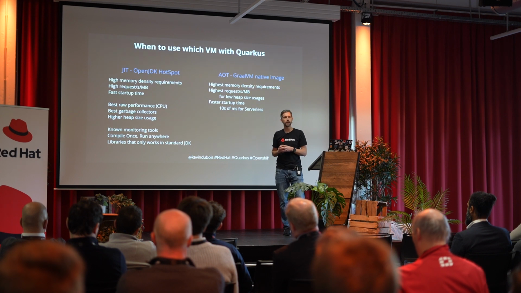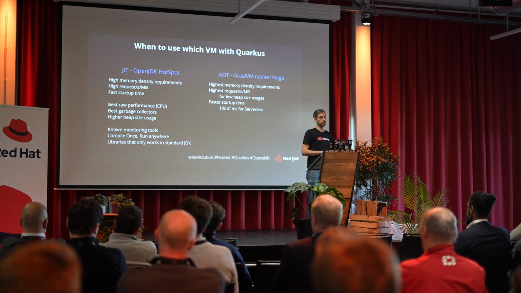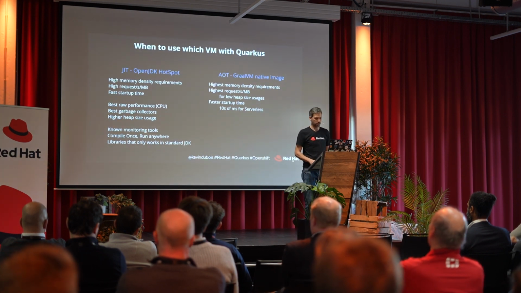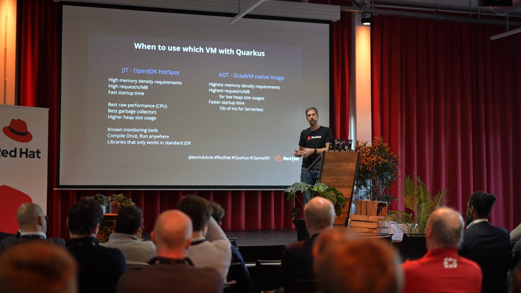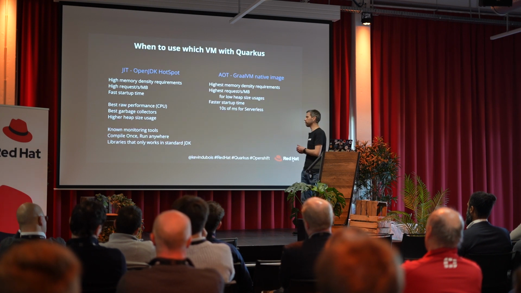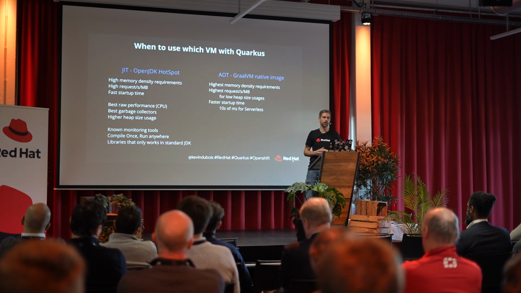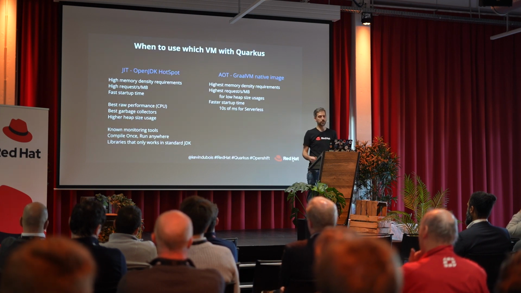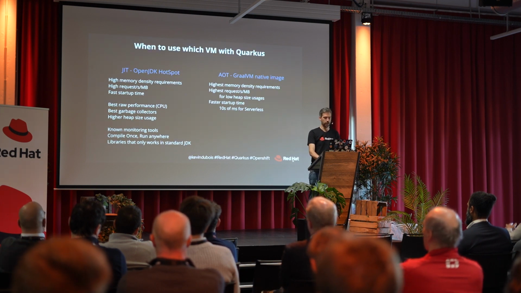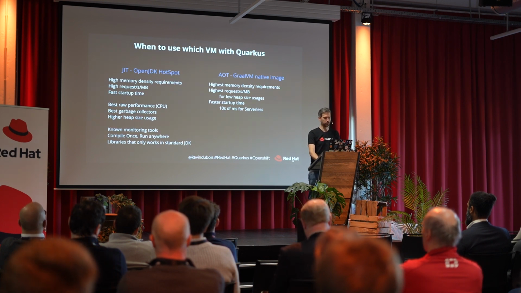Yes, your container will be a little bit bigger. It'll start up slightly more slowly, but you're going to have more performance advantages. On the other hand, if what you're looking for is the very fastest startup time, the highest memory density requirements and everything, then it makes sense to go with the native. So it kind of depends on your scenario.